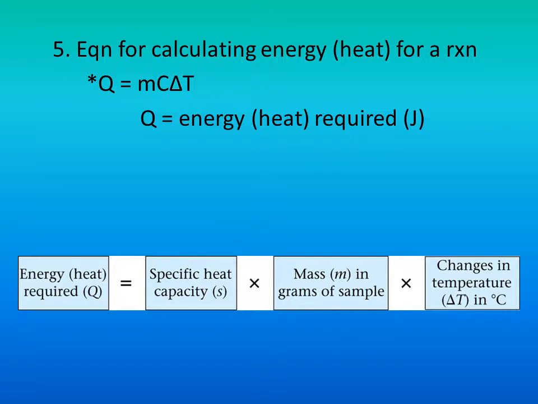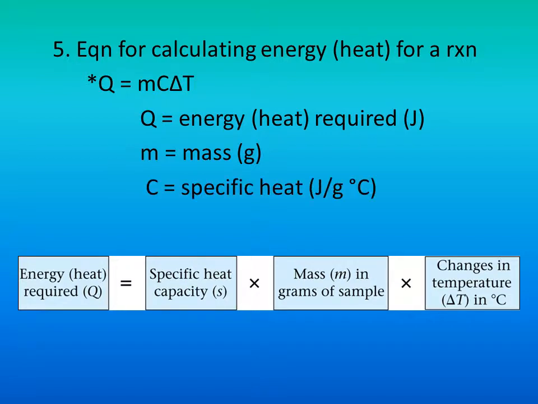So here I'm breaking it apart for you. Q is equal to the energy or the heat required. M is equal to the mass in grams. C is the specific heat.